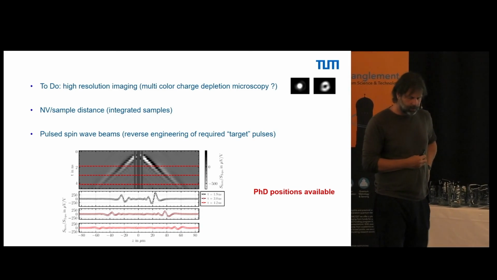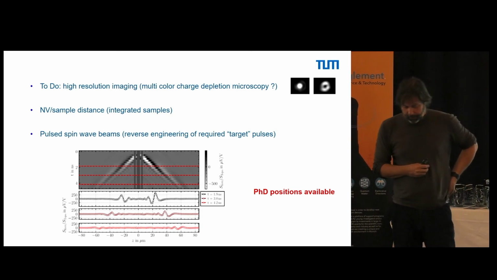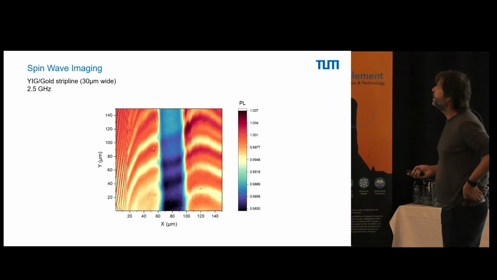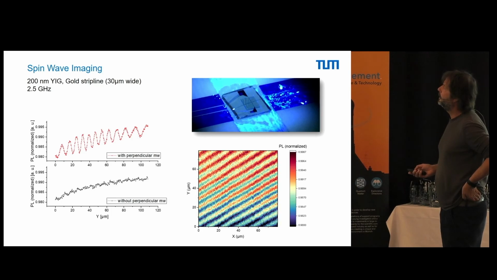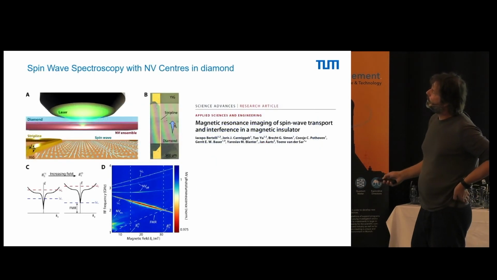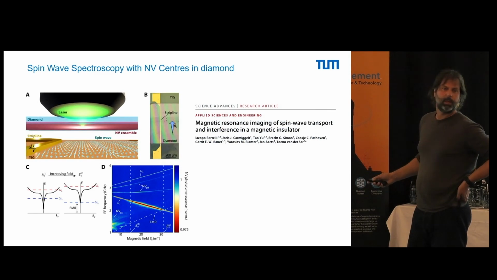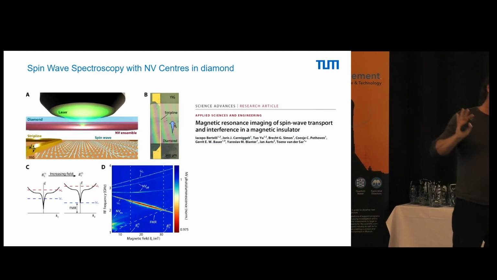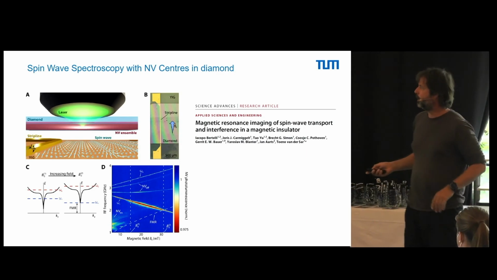Yeah. So this is also a question that Christian asked. Why is everybody using YIG? The reason why we use YIG is because the dispersion relation of YIG is below these excitations, right? If it's above, if you're in a, let's say, more interesting material, then you have some problems.